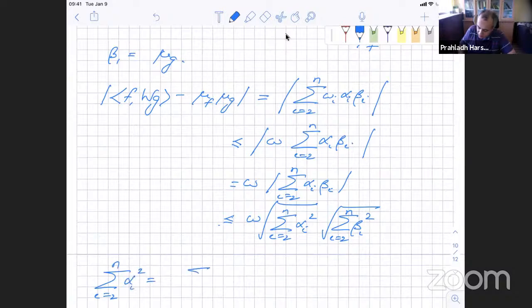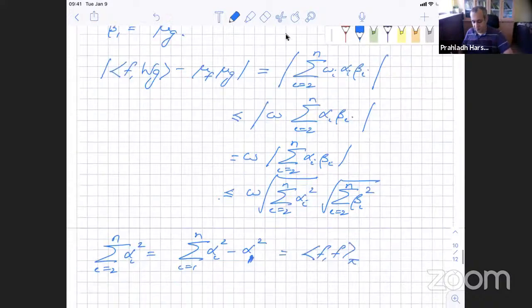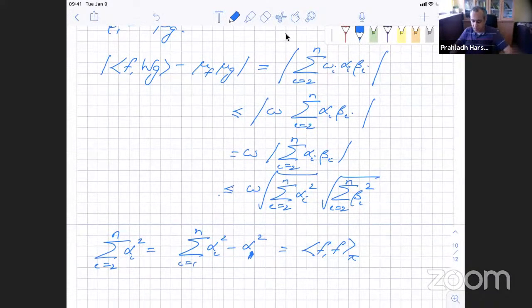This is exactly the sum from i equals 1 to n of alpha_i squared minus alpha_1 squared. What is this? The first one is just the inner product of f with itself. The second one, we already saw, was mu f squared.